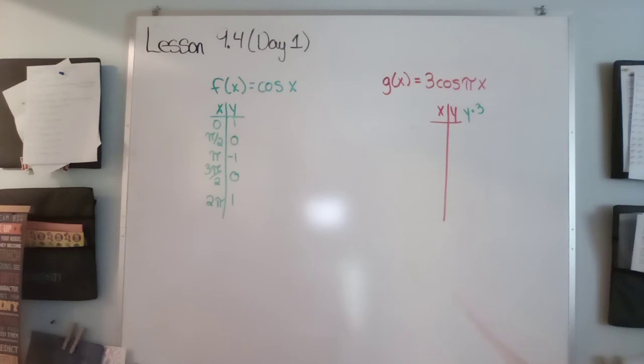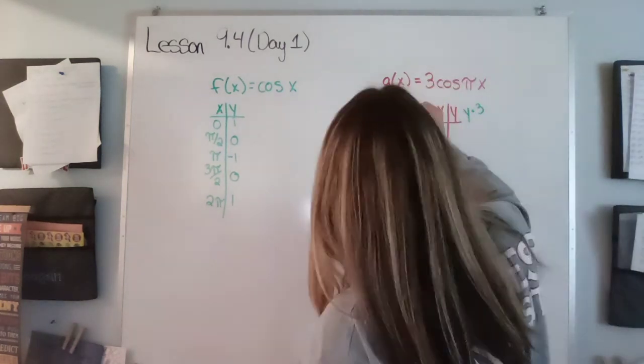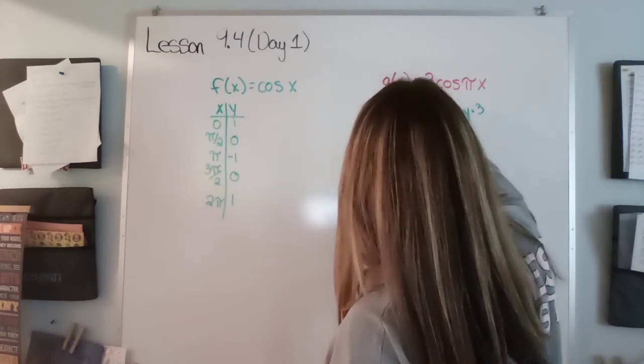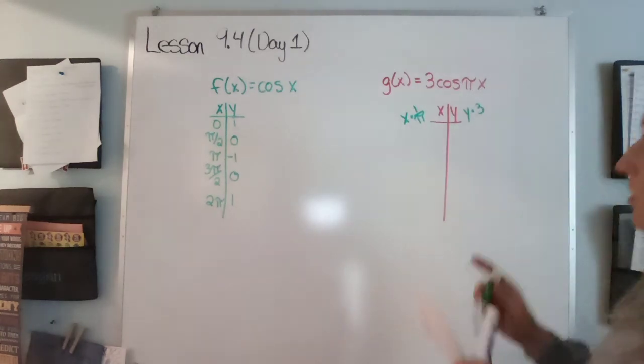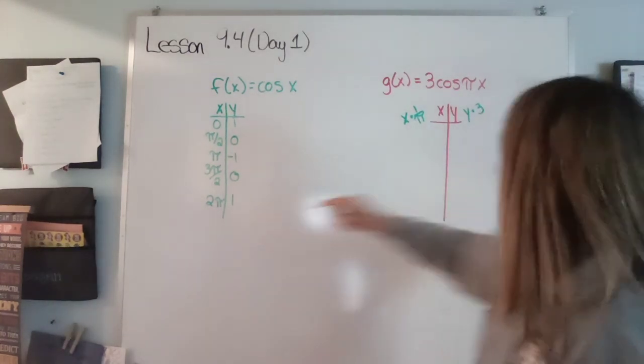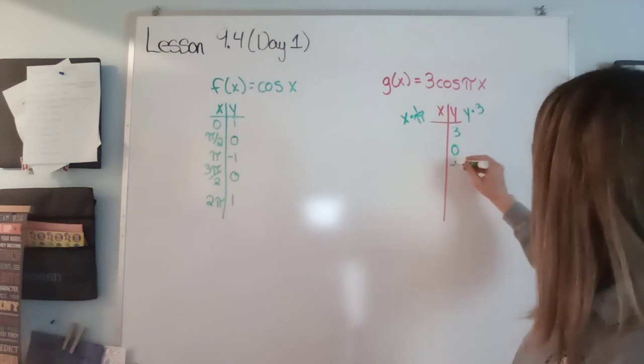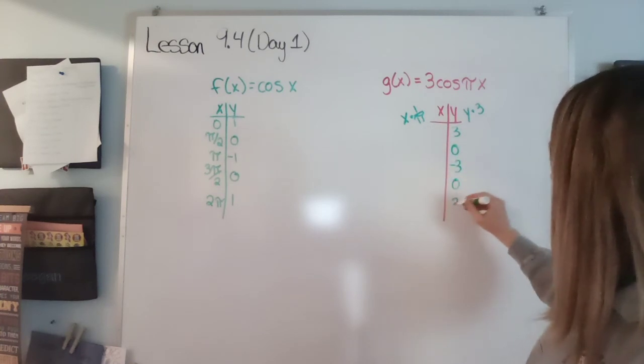Multiply by 1 over pi, or divide by pi, however you want to think about it. But you're going to do x times 1 over pi. So if I multiply all of the y values by 3, I have 3, 0, negative 3, 0, 3.